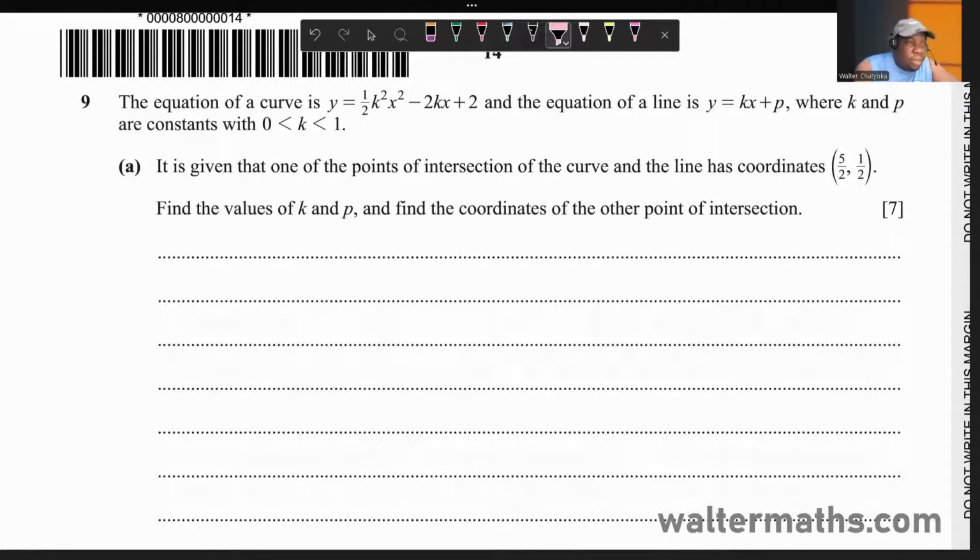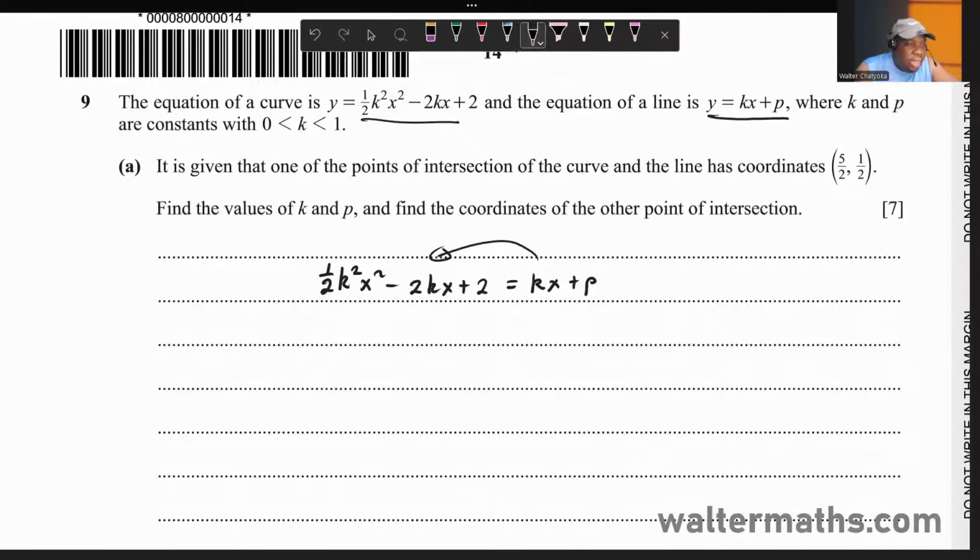All right. We are being told that the curve and the line intersect, which means we can say half k squared x squared minus 2kx plus 2 is equal to kx plus p. All right. Take everything to one side.